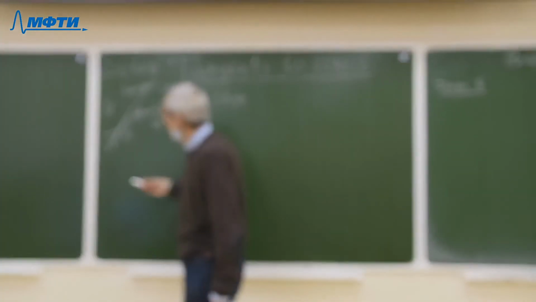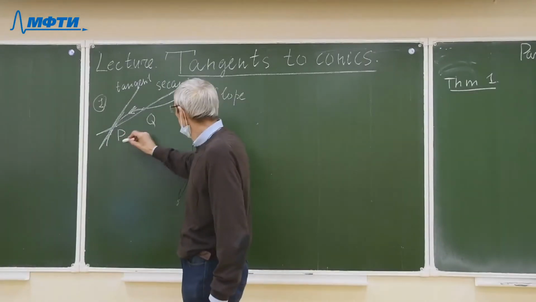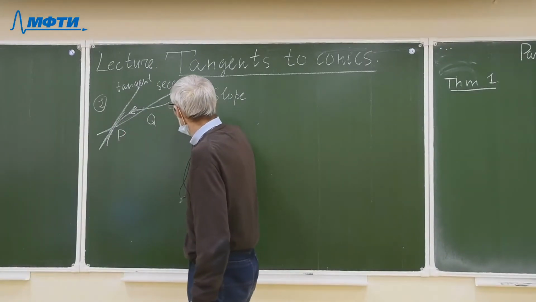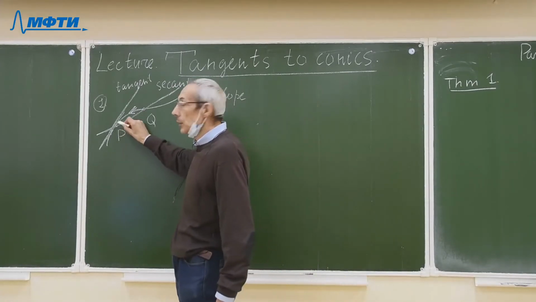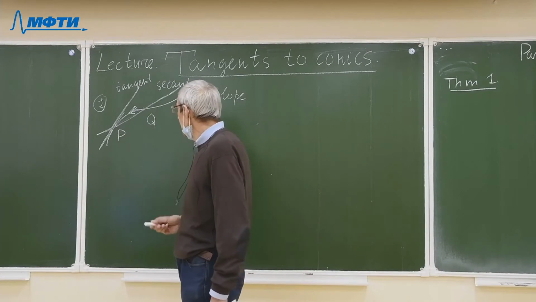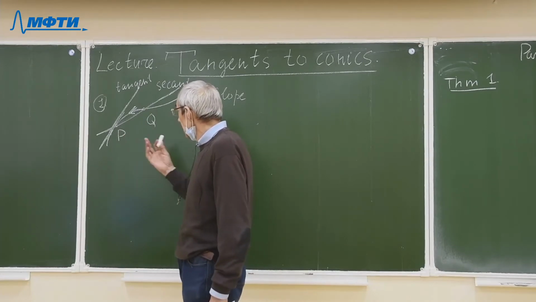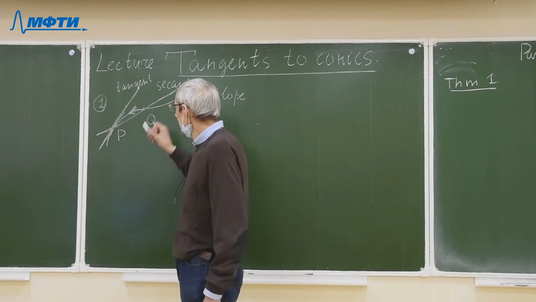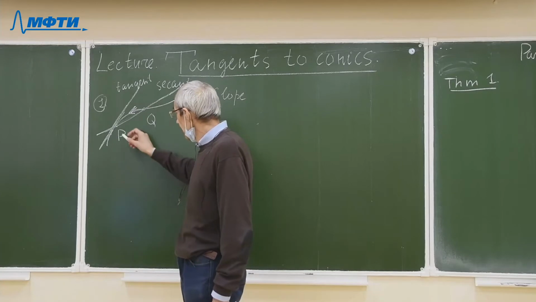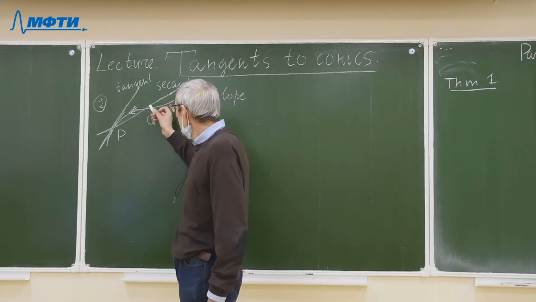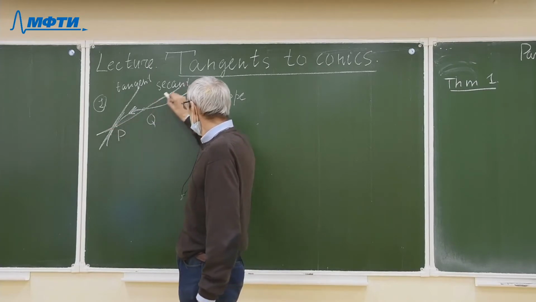We have the so-called smooth curve. Let L be a smooth curve, and let's consider two points on this curve, P and Q. There exists a unique straight line which passes through these two points. This straight line is called secant.